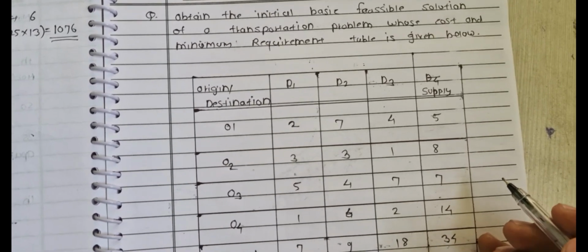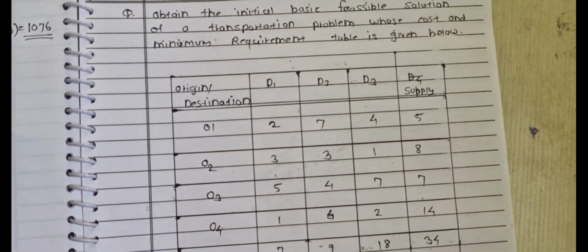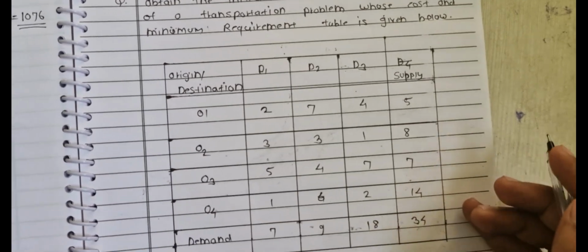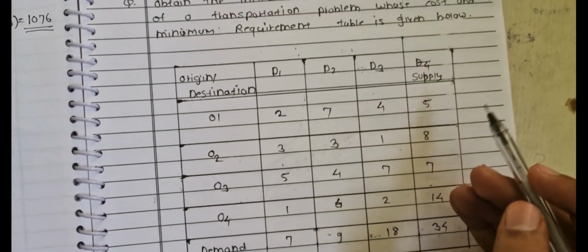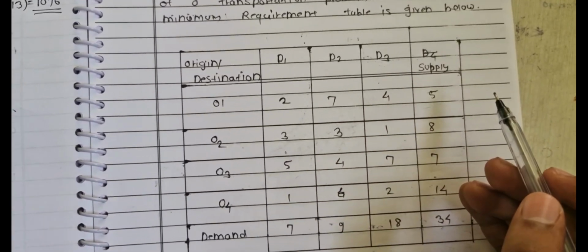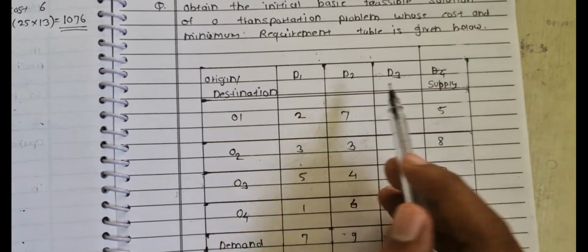So here is the problem. Here you can see the origin, the destination, and the supply and demand. I have already presented it in a mathematical tabular formulation. So let's see how we solve the problem.